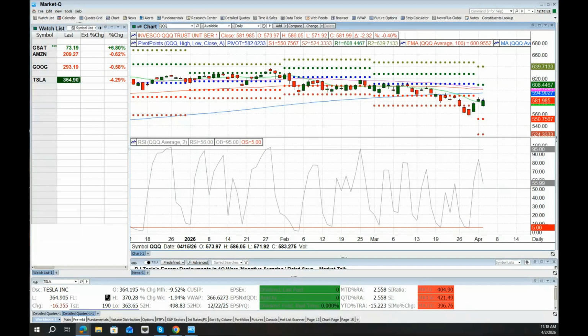I look at XLE, I look at XLB, run through all of them. And what I like to see is, for example on XLK, when I'm looking at Apple coming into resistance, I like to see the market as a whole, whether that's the SPY QQQ, and the sector coming into resistance. It just increases the probabilities of whatever you're looking at.